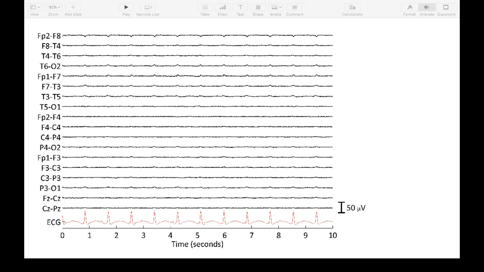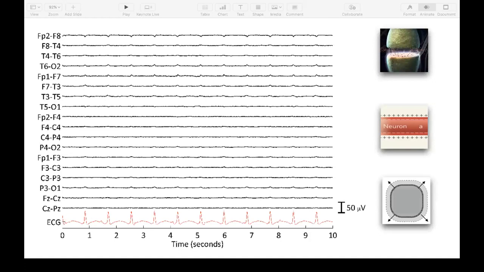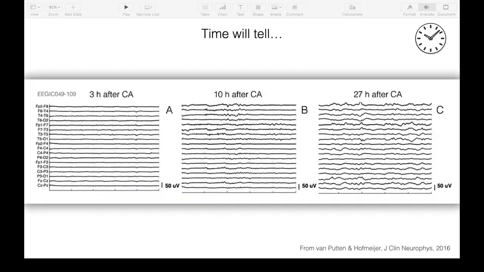So actually, this is the pattern we observe in all patients if we would record very soon after the cardiac arrest. Of course, we do not know at that particular moment whether this reflects only synaptic failure, or also neuronal loss of membrane potentials, or also cell swelling. However, we can buy time, and then the EEG will hopefully provide us with information about the underlying structures that have become damaged. Indeed, time will tell.